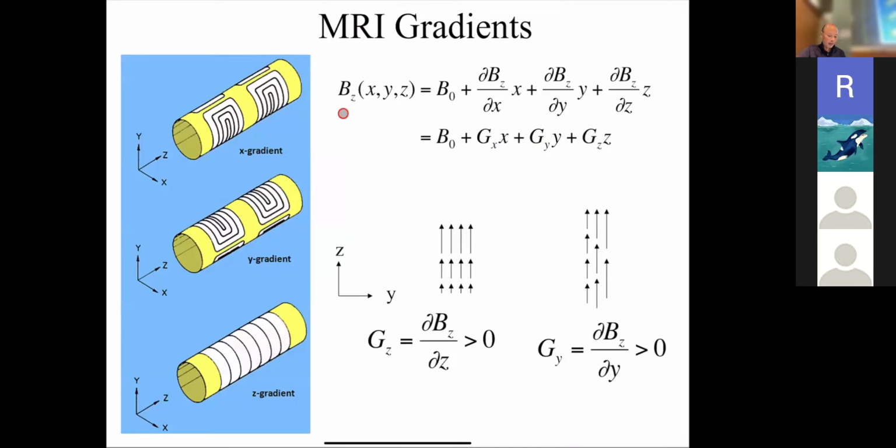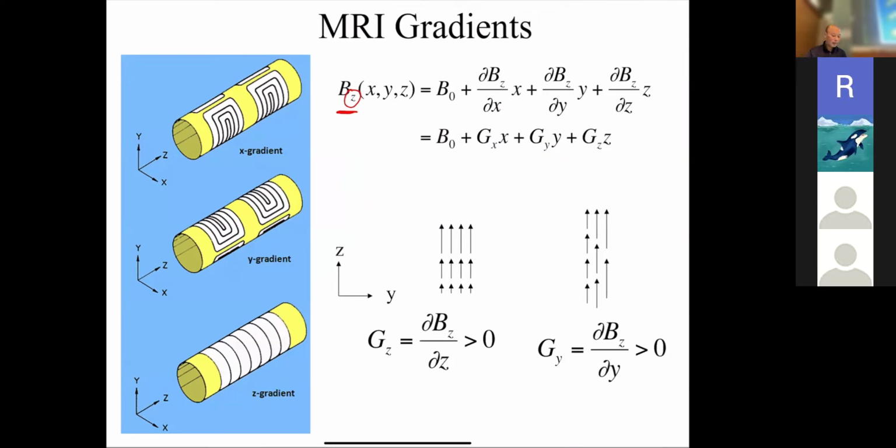And then just to define mathematically what these are, the gradient is always going to be with respect to the Z direction. So let's actually start defining some coordinate systems here. For classic design, the direction of the B0 field, we're going to call the Z axis. That's just by convention.